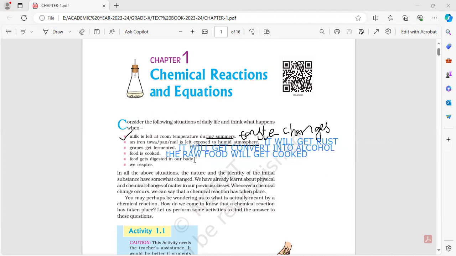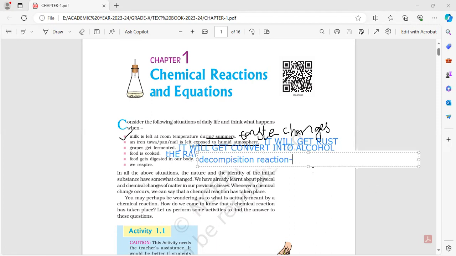Okay, and another example is asking, food gets digested in our body. What happens when food gets digested? Again, another new substance will form. Actually, this is an example we are going to study in the next topic. This is an example of a decomposition reaction. We are going to study types of reactions. So you just remember, when food gets digested in our body, it is an example of a decomposition reaction.